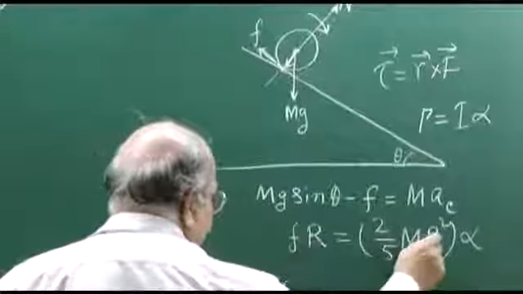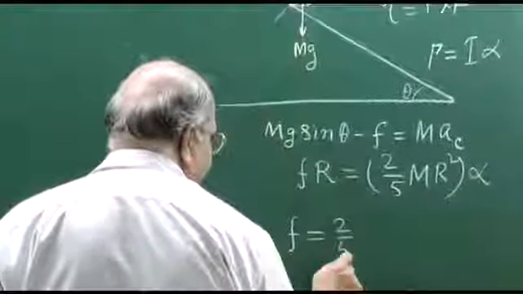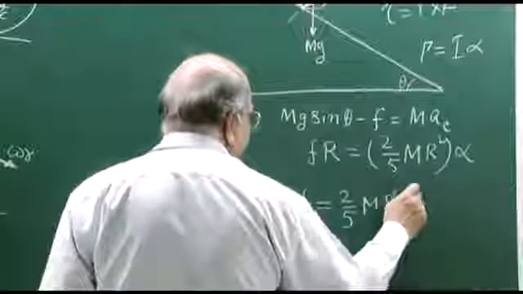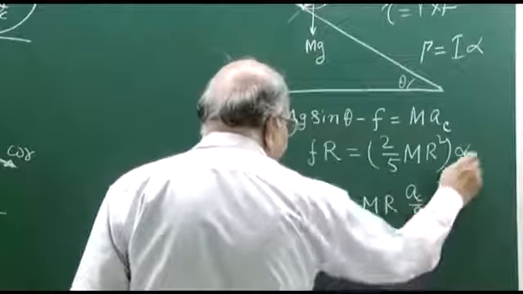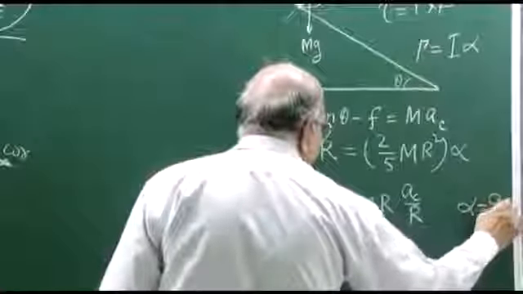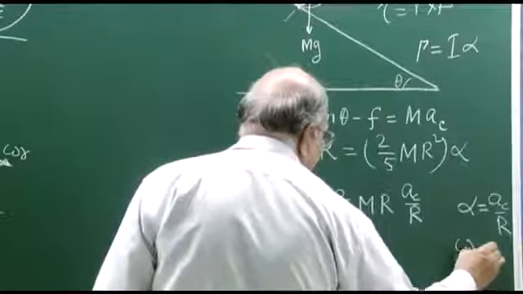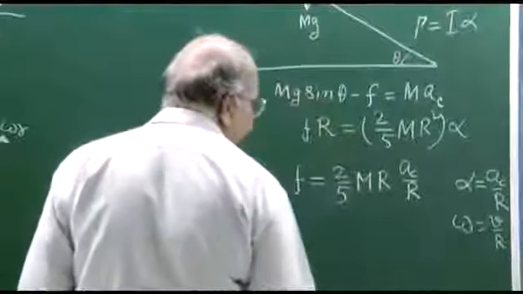You can cancel one r from both sides. So this is 2 by 5 m into r, and alpha will be AC divided by r. This is the condition for no slipping. Alpha is equal to AC by r, that is the condition for no slipping. Angular velocity is equal to linear velocity divided by r, that is the condition for no slipping.